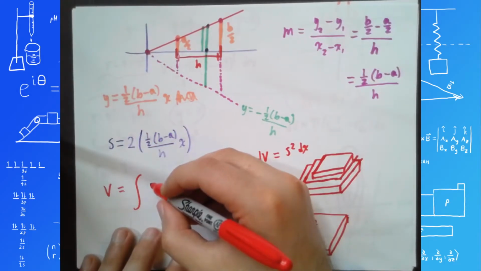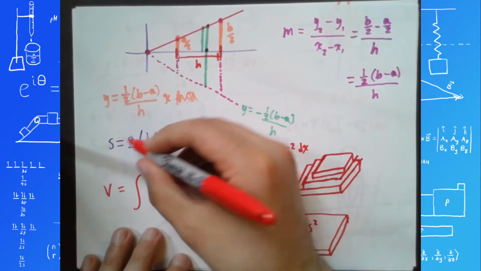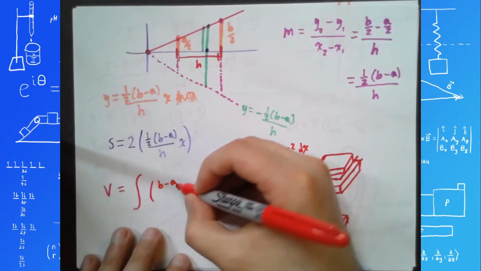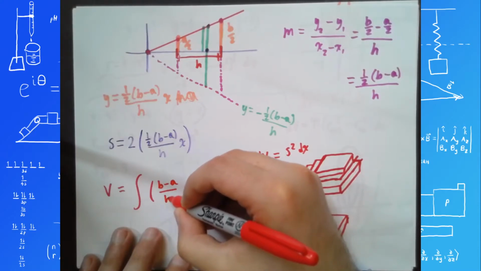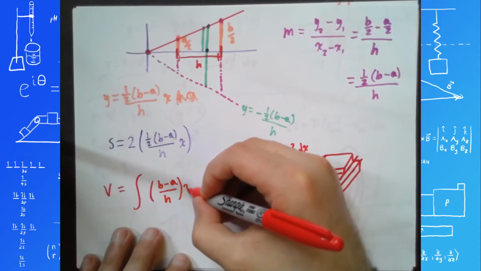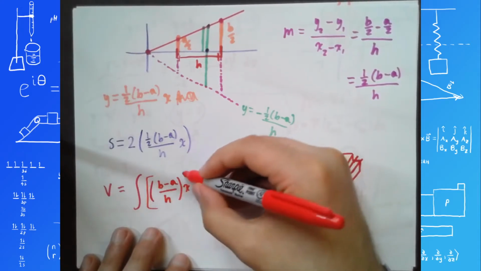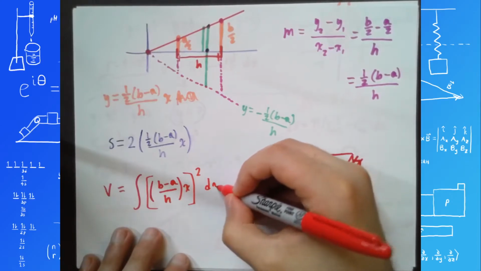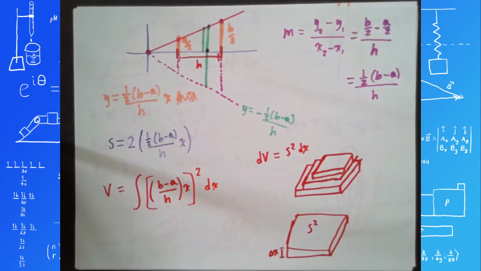So we're integrating, 2 times 1/2 cancels out, and so we're integrating (b minus a over h) times x, all squared, times dx.